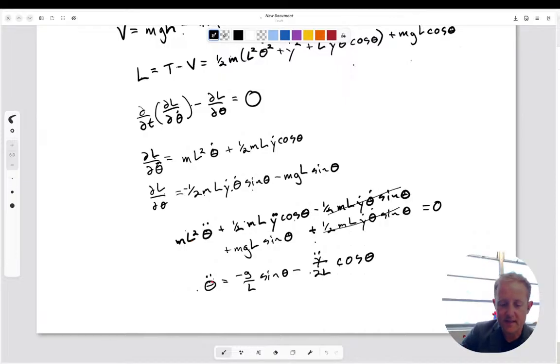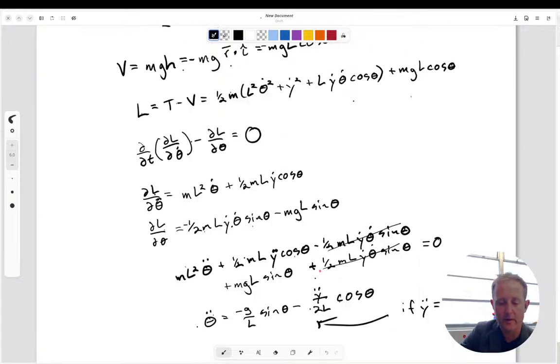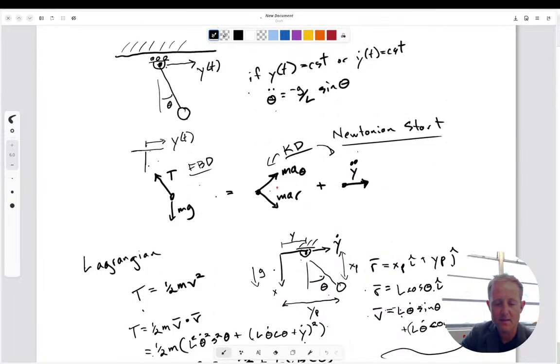And sure enough, just like I had said in the beginning, if ÿ is 0, then we end up exactly where we started with Newtonian mechanics.